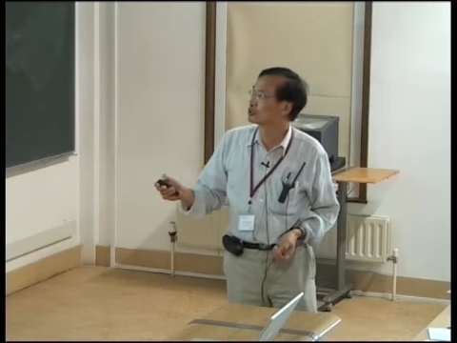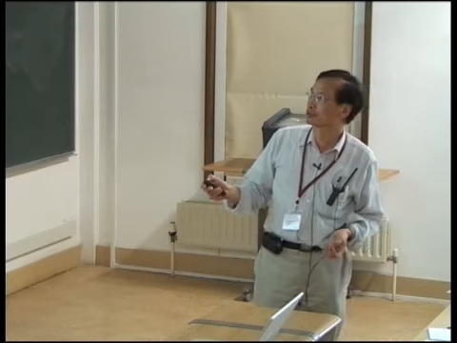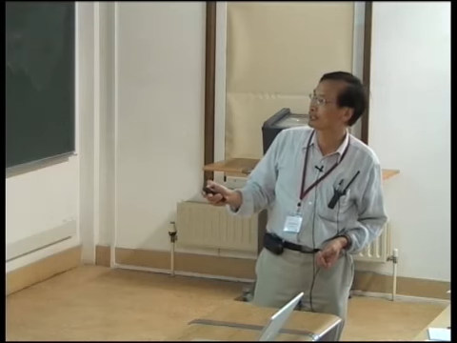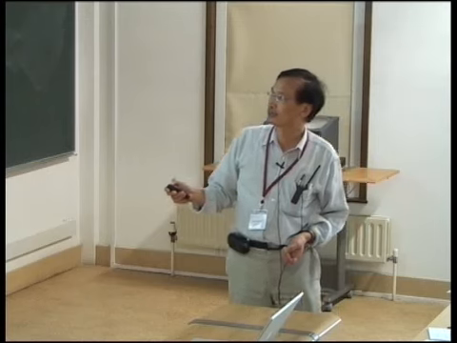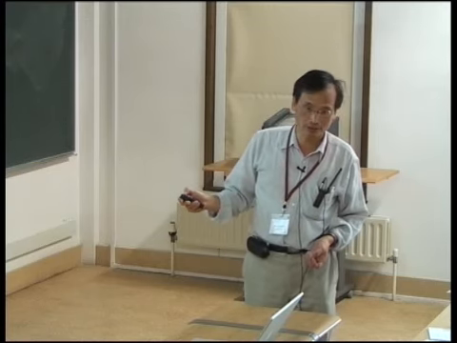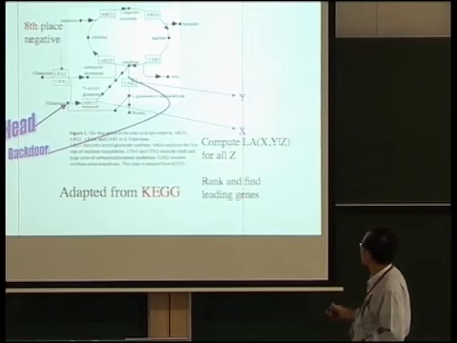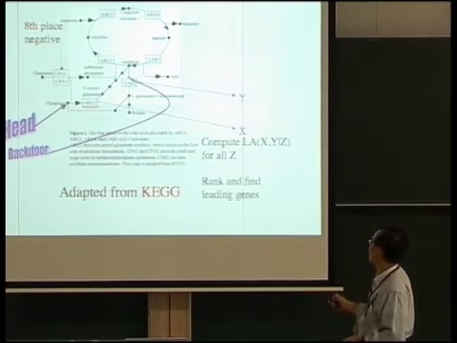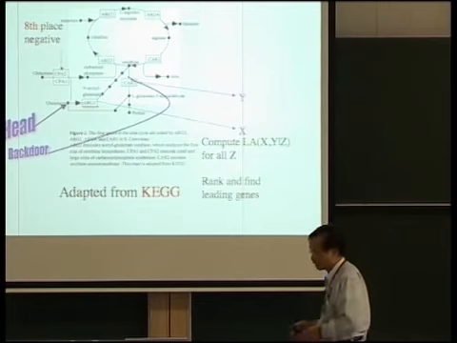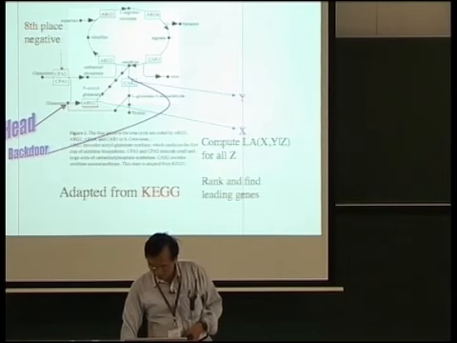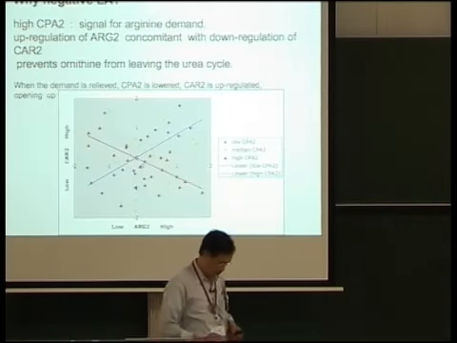So usually the cell has a mechanism to degrade it. To degrade that, they activate CAR1, and they also have to activate CAR2. So that's why in the situation when this one is high, this one is also high, because the cell does not need the arginine. So you have to have a way to get rid of arginine. That's how you would expect the positive correlation.